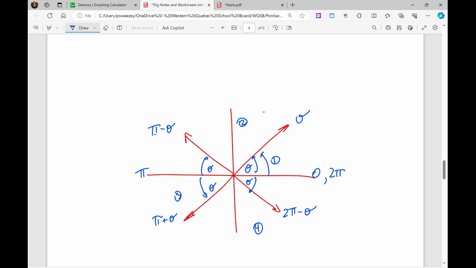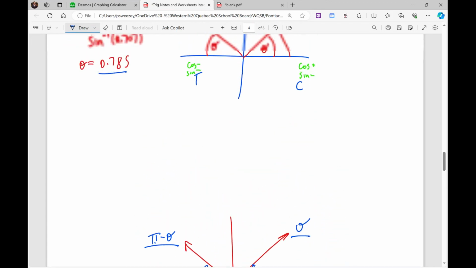Okay, so I'll get rid of these arrows for a second, because they add a little too much. But this is all you need to know. Whenever you draw the arrows, I'm either leaving it alone, doing pi minus theta, pi plus theta, or 2 pi minus theta, depending upon what quadrant it ends up landing in.